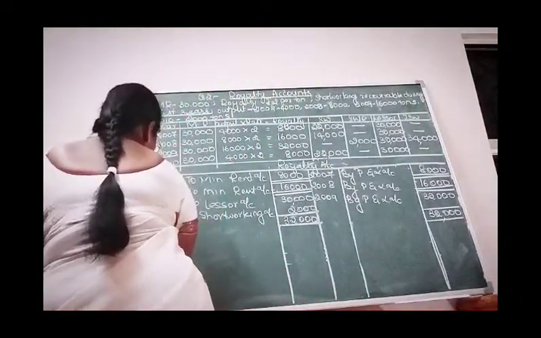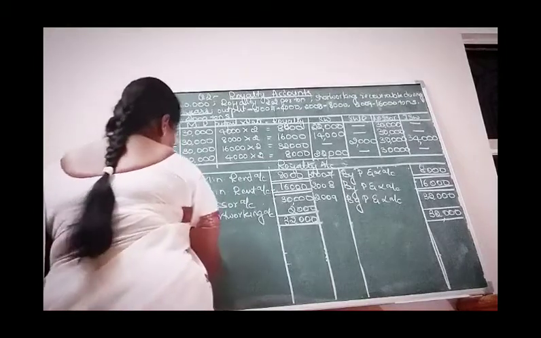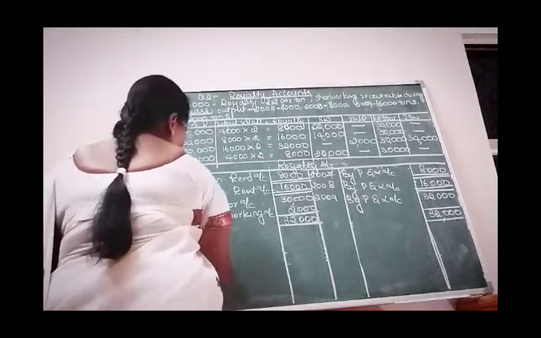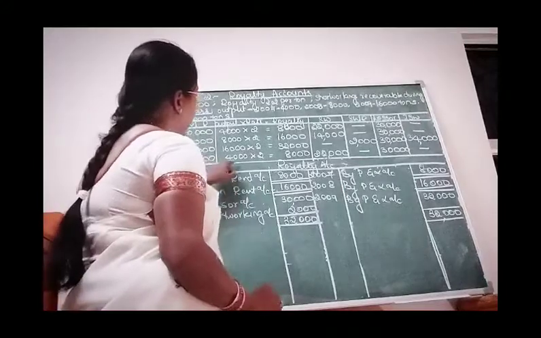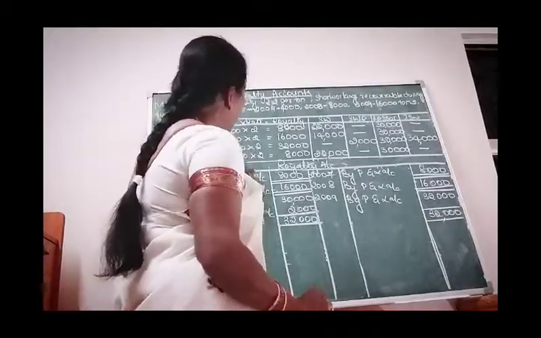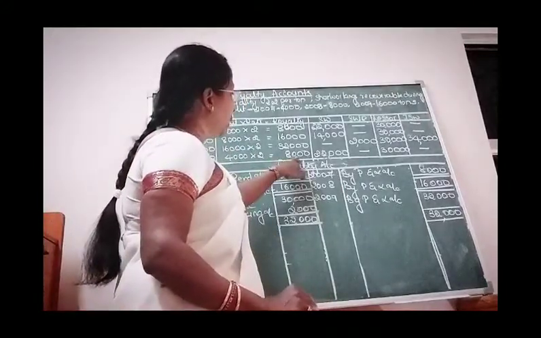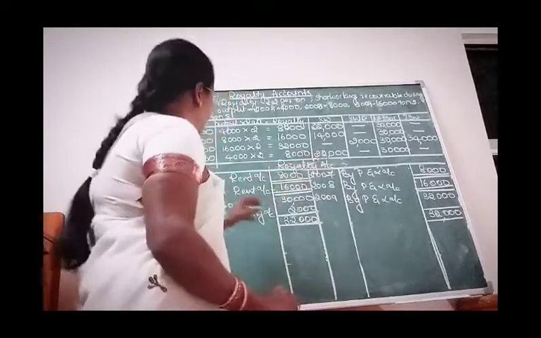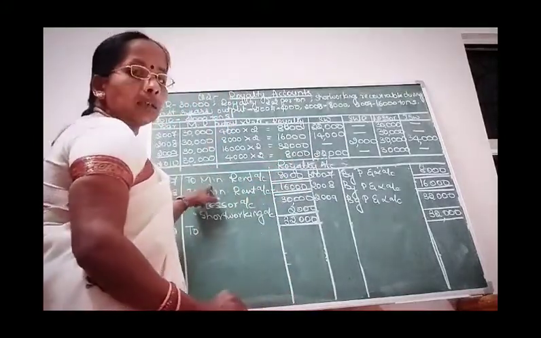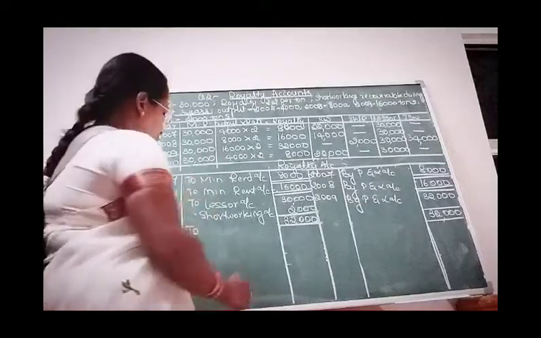And now to the last year, 2010. Now in 2010, again we have royalty less than minimum rent and short working. Means it is coming back to the journal entries as such of the first year.